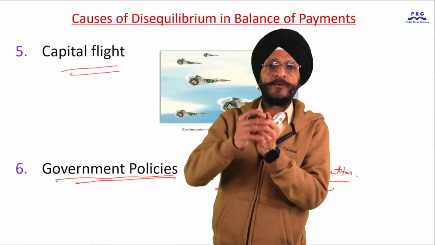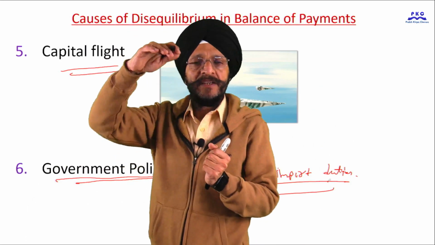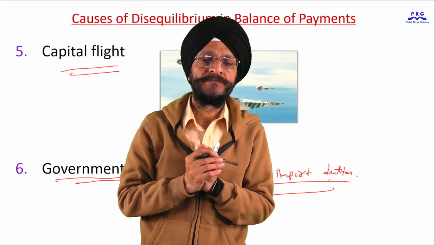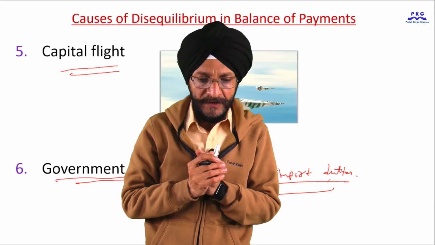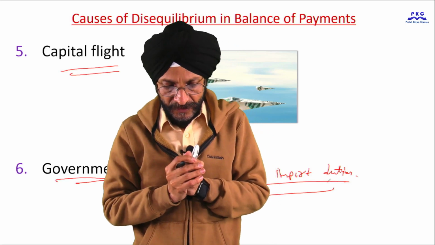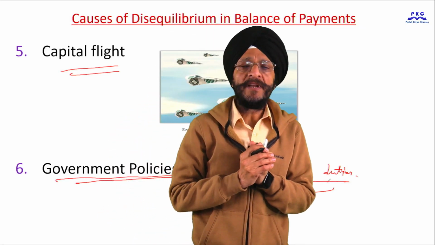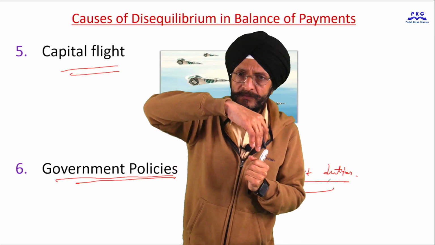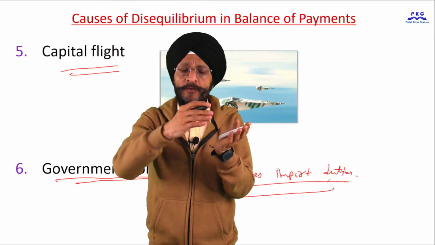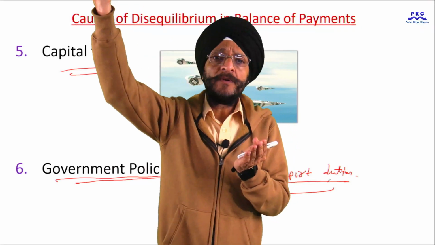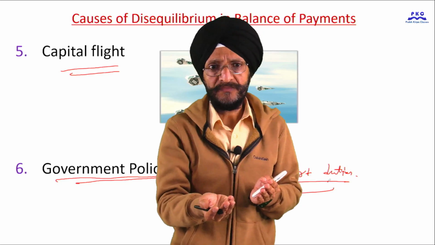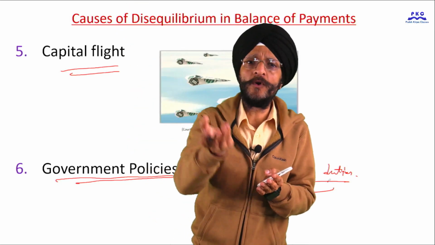It means that more things will be imported. And when more things will be imported, we will have to make more payments abroad. That is, there will be more outflow of foreign exchange.